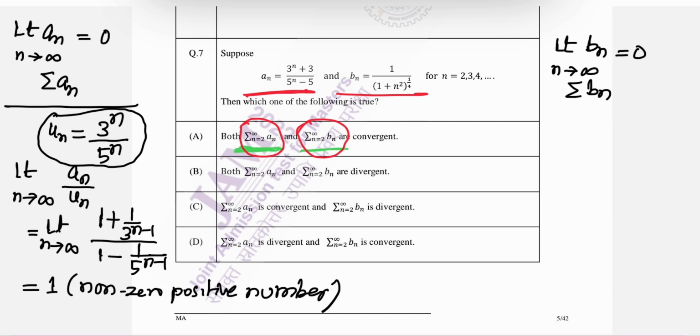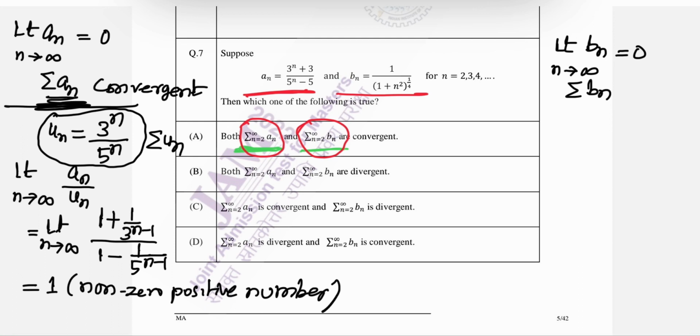Since this series sigma un is convergent, by comparison test this series an will also be convergent. So for the first we got the answer.